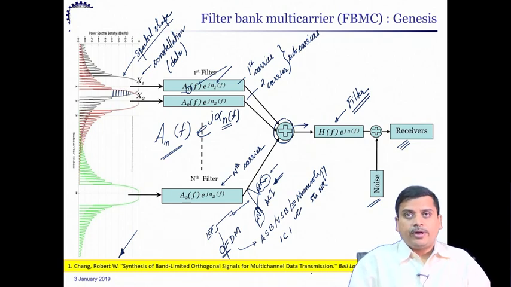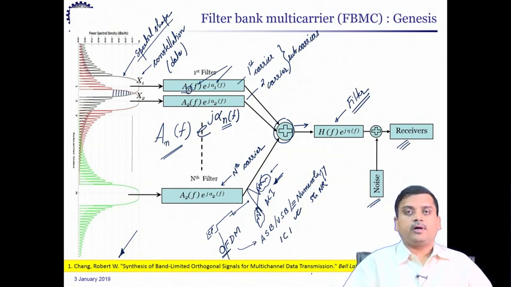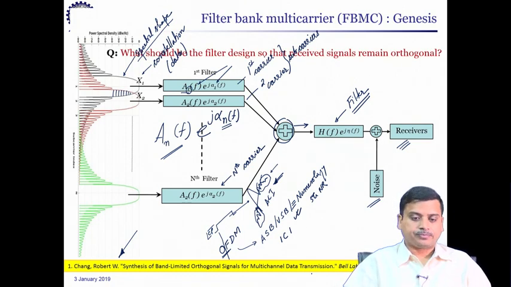Although these are newly termed as filter banks and they are 5G and they will get new names, it is very important to go back to the starting point, to the genesis of where these things started, so that you get a sound foundation of how to build such systems. So, we have highlighted the earliest paper. It is in the Bell Labs Technical Journal, 1966. You can download the paper and have a look into the details of it. We will present a summary of what is given there.